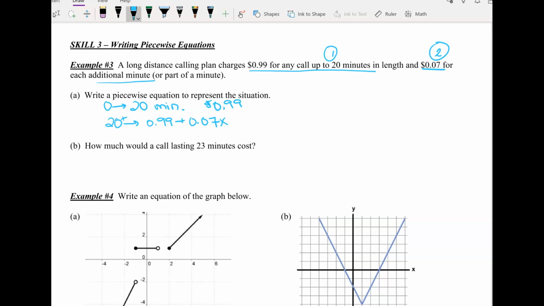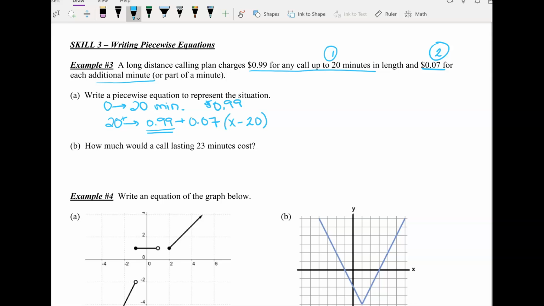We make 21 minutes worth of calls. Do we want to pay 7 cents for 21 minutes? Absolutely not. We want to pay 99 cents for the first 20 minutes. And then we want to pay 7 cents for every minute beyond the 20 minutes.